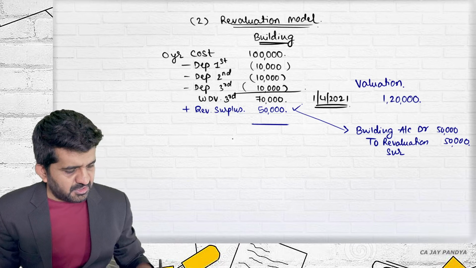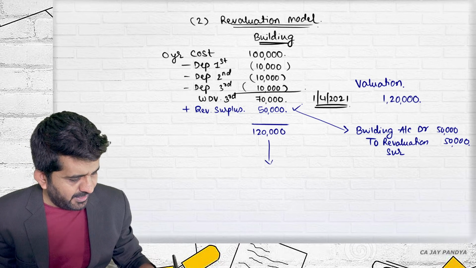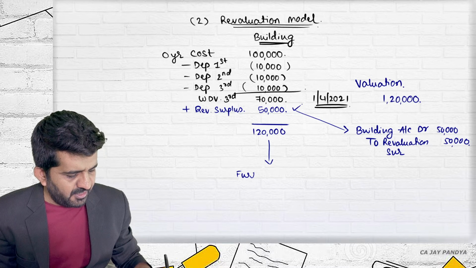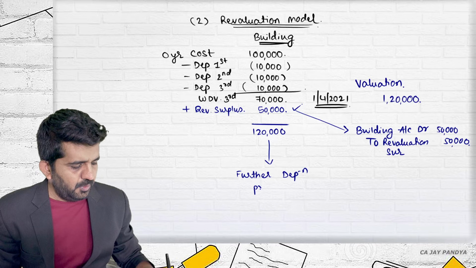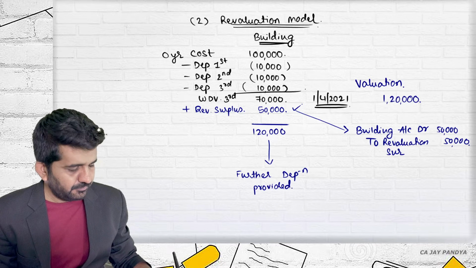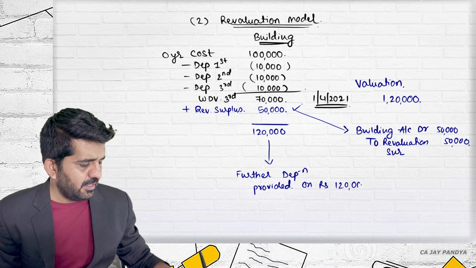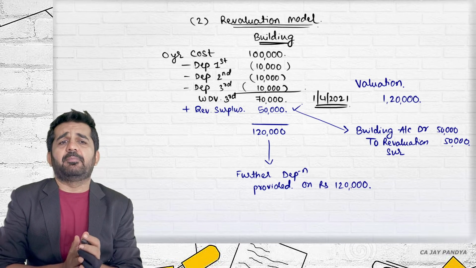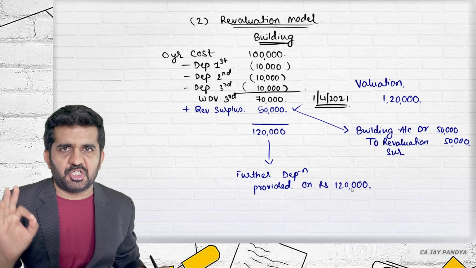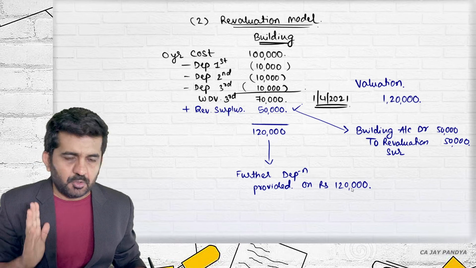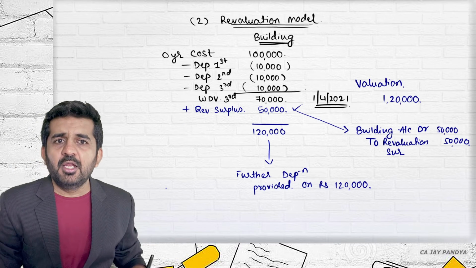But try to understand from now onwards, your book value is 1,20,000, and further depreciation will be provided on rupees 1,20,000, by whichever method you are providing depreciation. So this is how the revaluation model works.